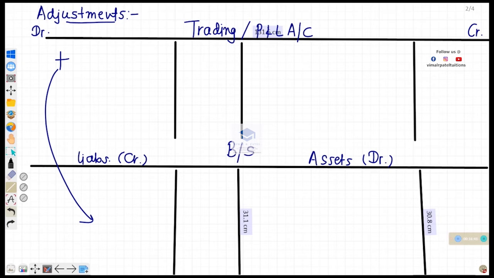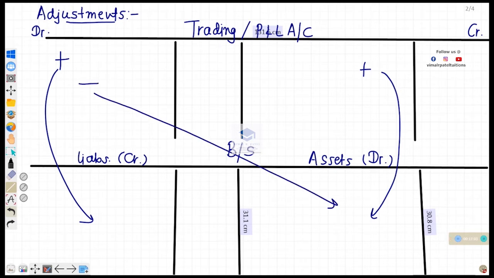Same way, if we add on the credit side of trading or P&L, the second effect will be on the asset side. If we subtract, then the second effect will be on the asset side, cross. If we subtract on the credit side, the second effect will be on the liability side. If you understand this mechanism, then adjustments will be very easy.